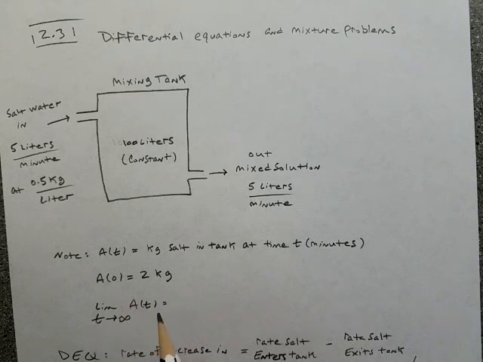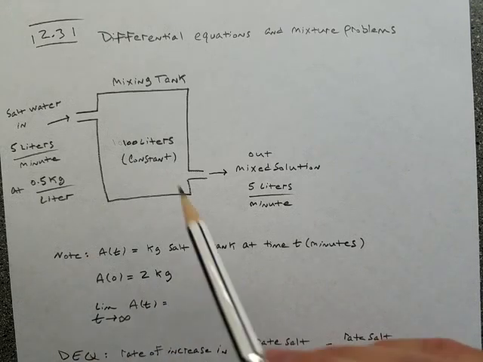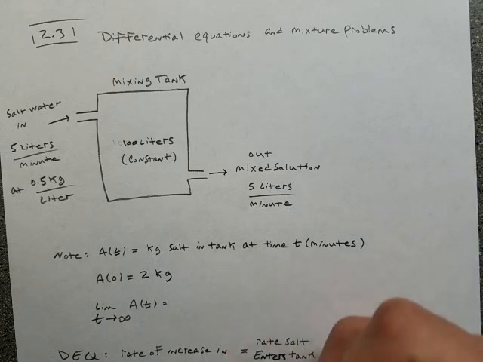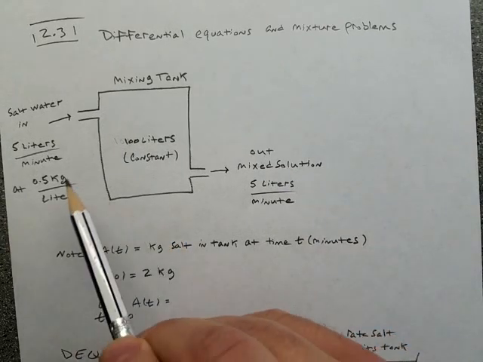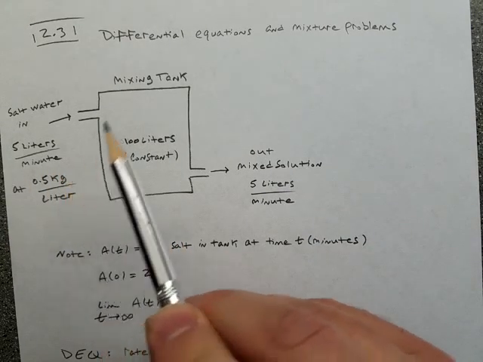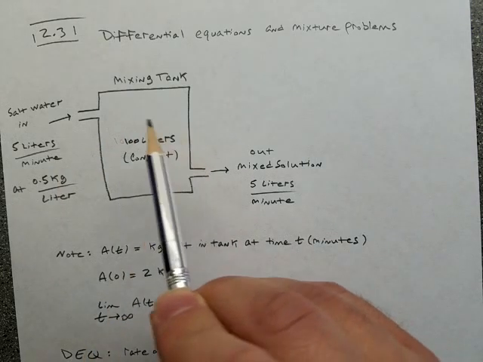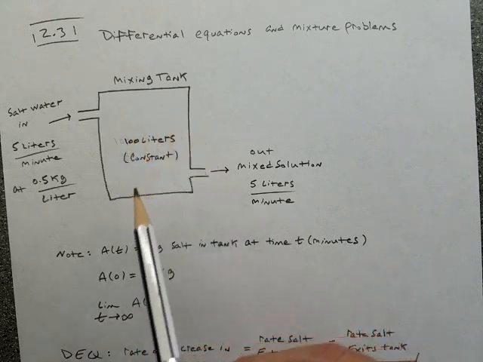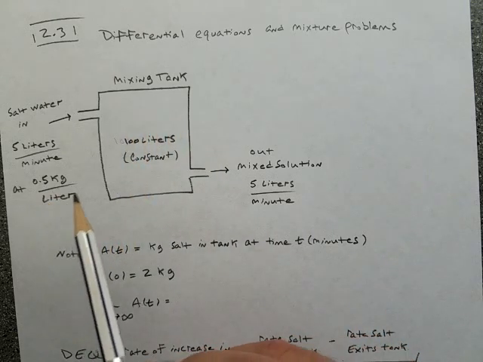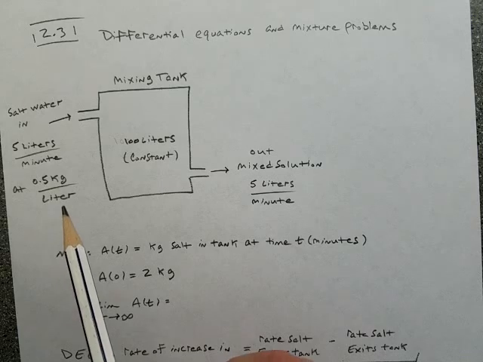And also I ask on my document I posted, what's the limit as t goes to infinity? Well, here's what I would expect to happen. We'll see if we're right when we solve it, but if this is what goes in, and let's say it just happens forever and t can go to infinity, what shows up in here in the long run is going to be more like the solution that's flowing in.